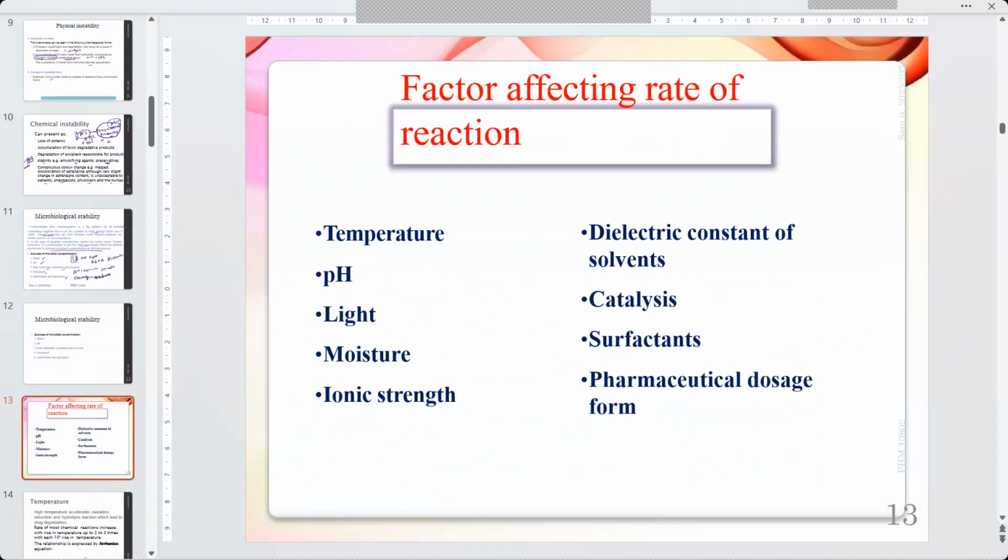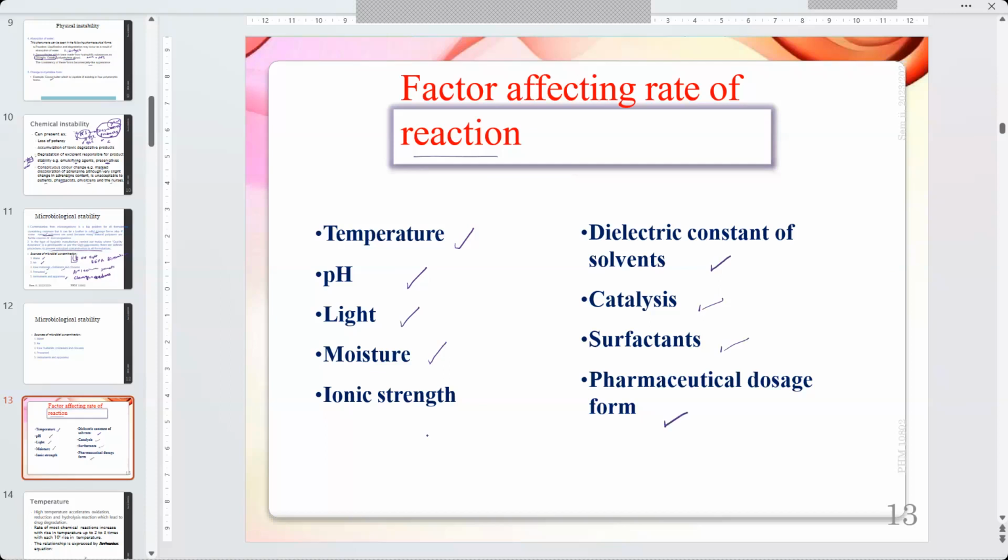Now we move to what factors may affect the chemical stability of drug products. The degradation itself is a chemical reaction, right? Degradation is a chemical reaction. So the temperature of storage, the pH of the formulation, exposure to light, the presence of moisture, the dielectric constant of the solvents, if there is any catalyst in the media, surfactants, may affect the degradation.